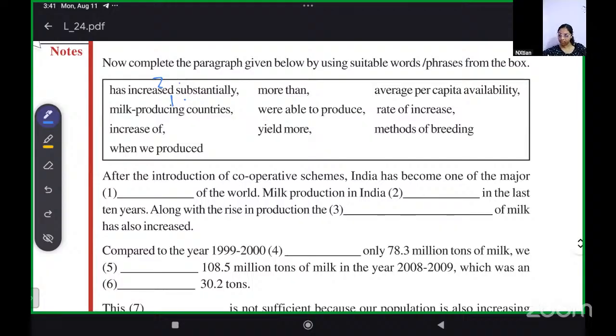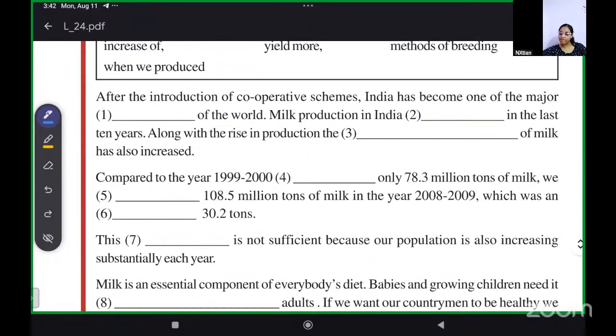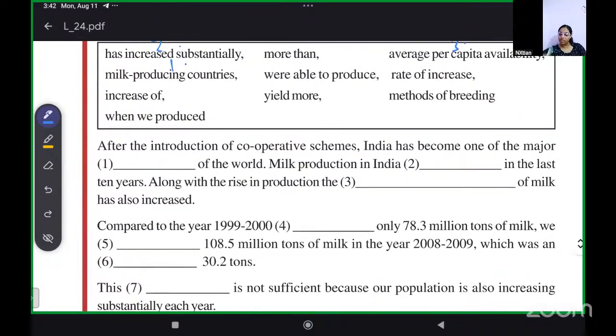Average per capita availability of milk has also increased. Fourth one: Compared to the year 1999 to 2000, dash only 78.3 million tons of milk.